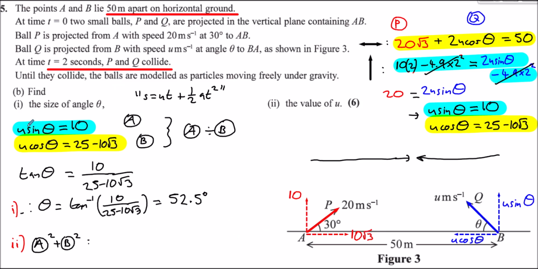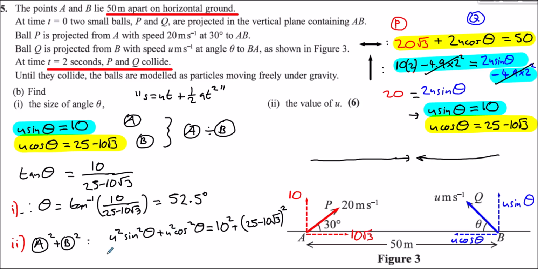This one here will become u squared sine squared theta, plus underneath u squared cos squared theta. That'll equal 10 squared, let's leave it as 10 squared actually, plus the bottom one squared, 25 minus 10 root 3, all squared. Now if I factorise out u squared here, I'll get sine squared plus cos squared, which of course is just 1.